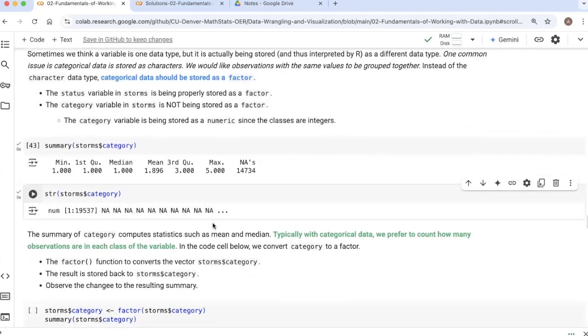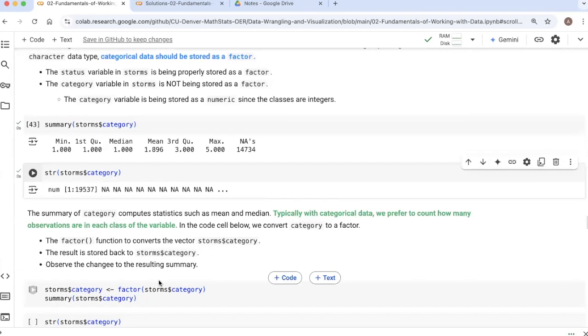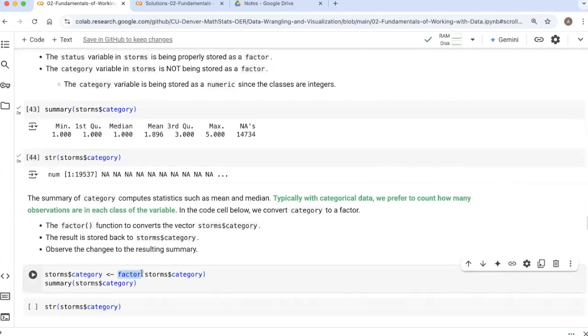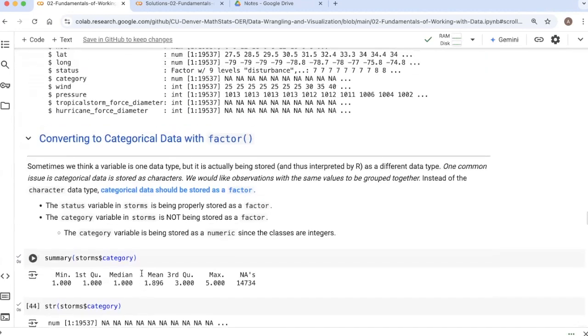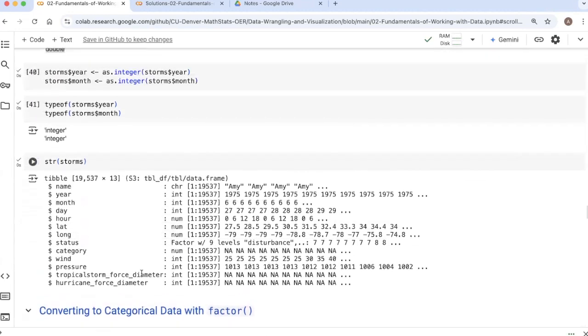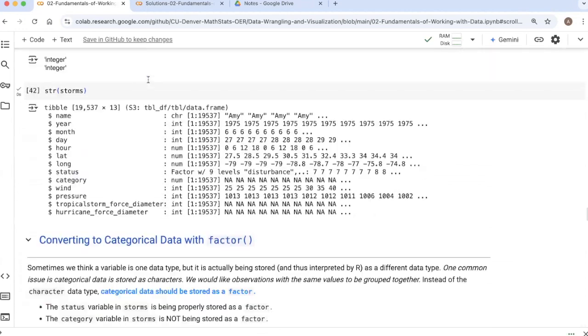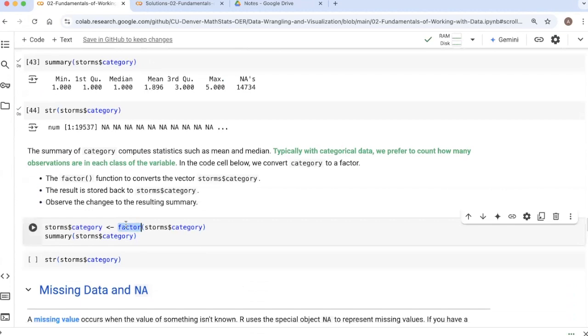When we're working with categorical data, these should be stored as a data type factor. And so the way that we convert something to a factor is using the command factor. So it's not as.factor like it was with converting to an integer. We don't put the as. before that. It's just simply factor.